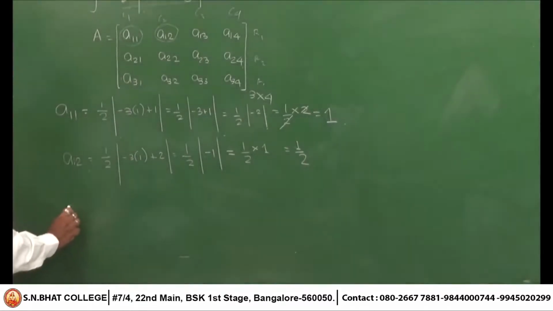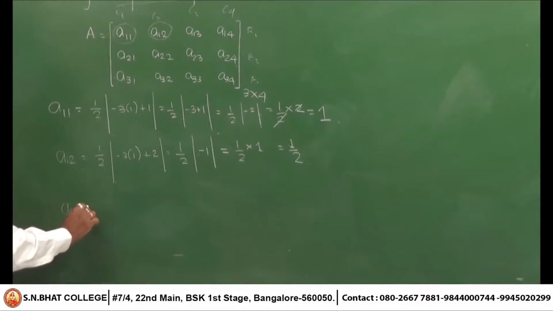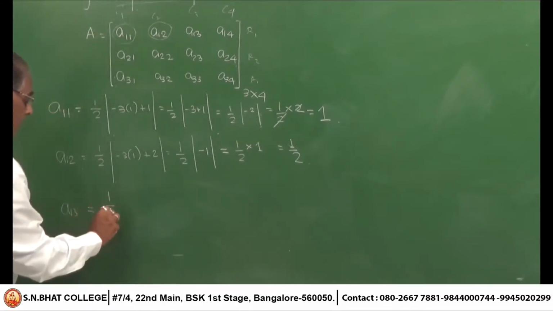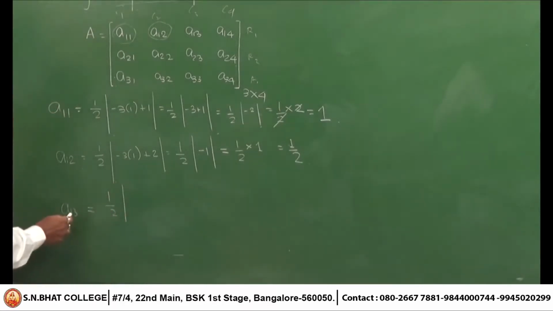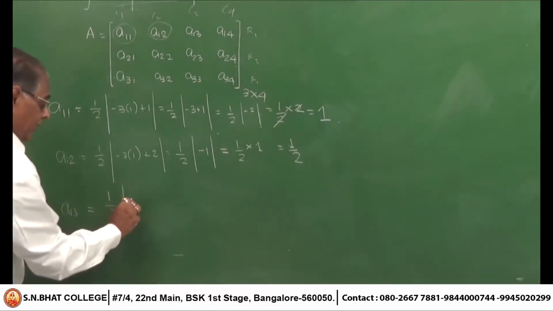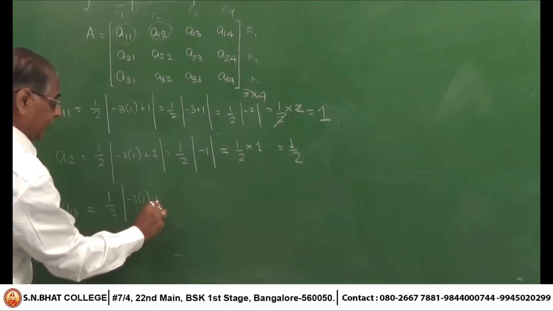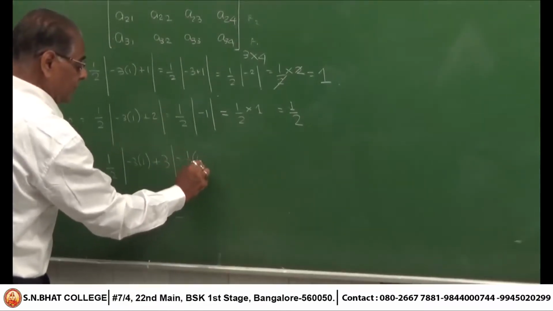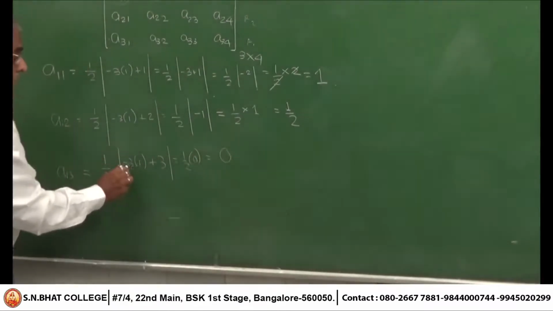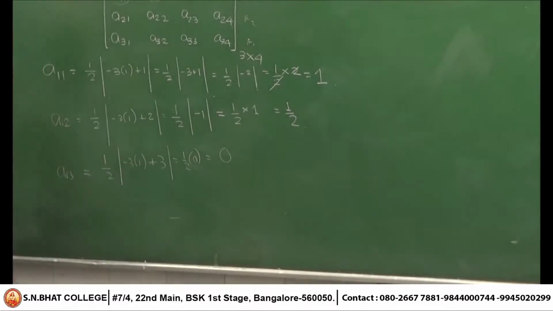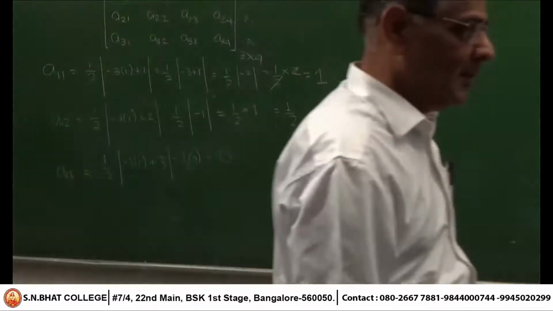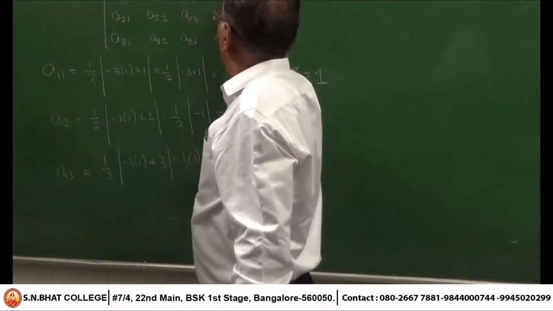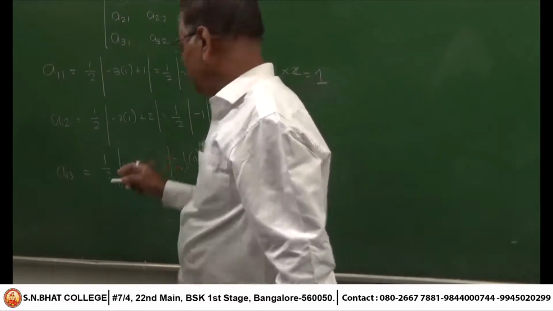Next I have to calculate A13. Aij is half into modulus of minus 3i plus j; replace i by 1, j by 3. Minus 3 into 1 plus 3 is 0. This is half into 0, which is 0. We have calculated A13. Next we have to calculate A14.